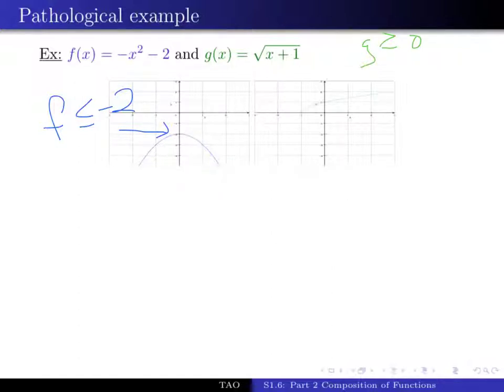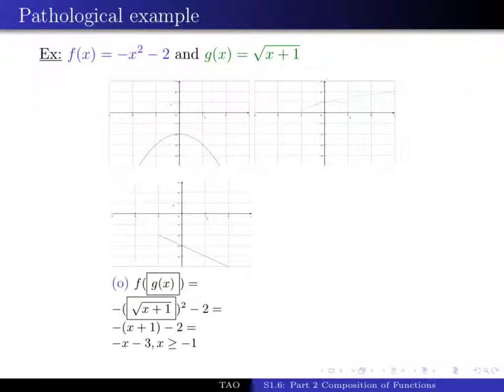But it only exists for x greater than or equal to negative 1. This is going to have implications for both of our compositions. When we stick g into f, we're only going to allow x's greater than or equal to -1. And when we stick f into g, we're going to have to wait and see what happens there.